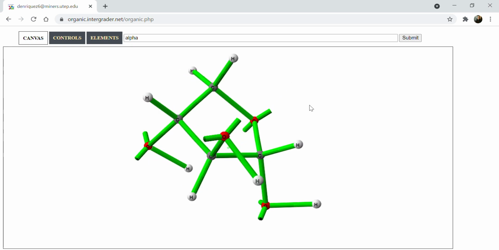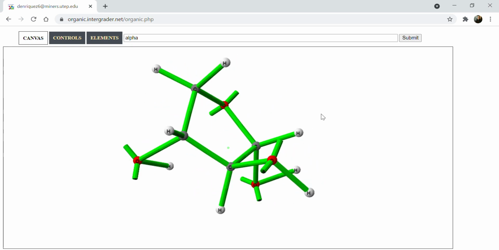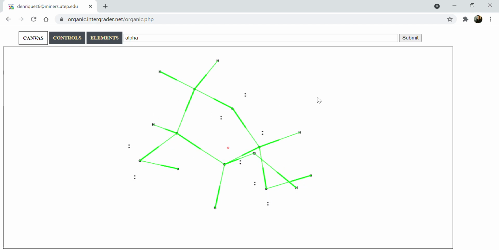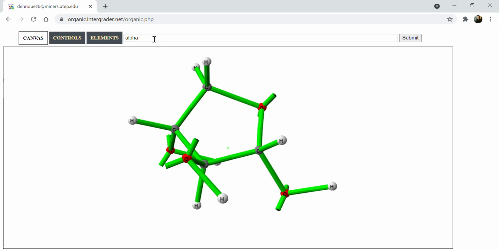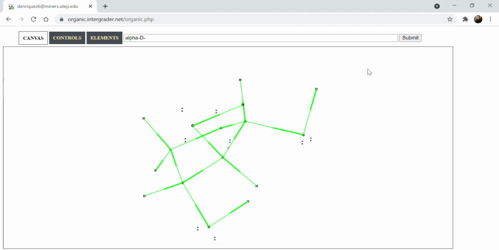Okay, so this is D because we see our highest priority is up here. And then over here, you got one, you got one, you got another one. So 1, 2, 3. It looks like S, but it's R. So that's why it's D. Same for the other one. Sorry, I just woke up.